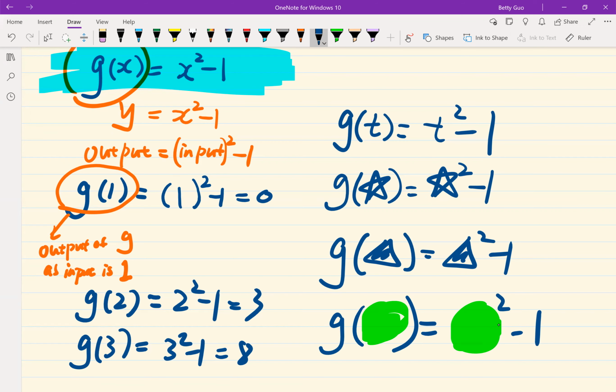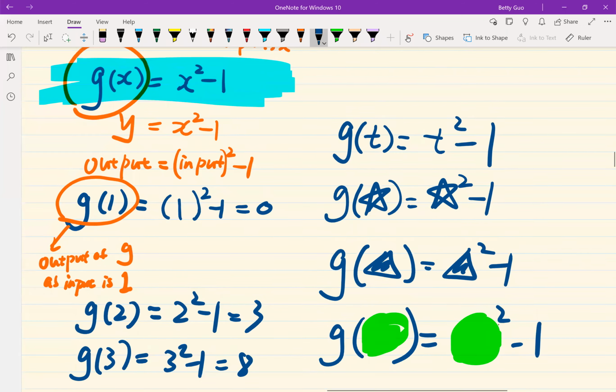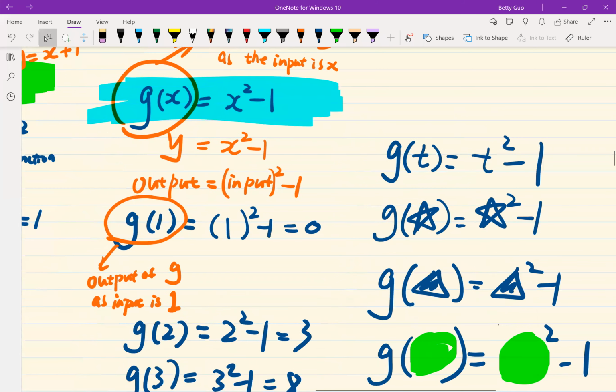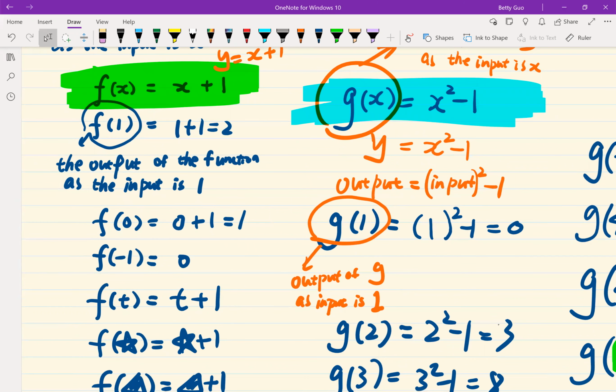The whole point is you understand the notation. You understand the notation f of x. F of x is just y, okay? It represents the output of the function as the input is x, whatever the input is. That's a good question.